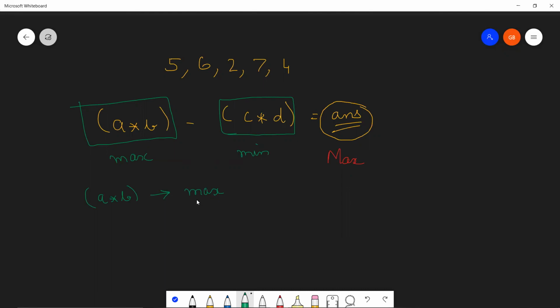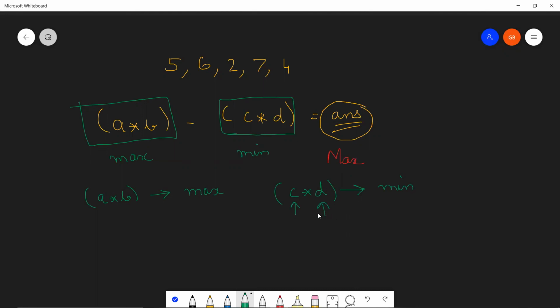Now let's discuss when the product AB will be maximum. Well, this product would be maximum if A is large and B is also large. Similarly, C into D will be minimum if C is small and D is also small.